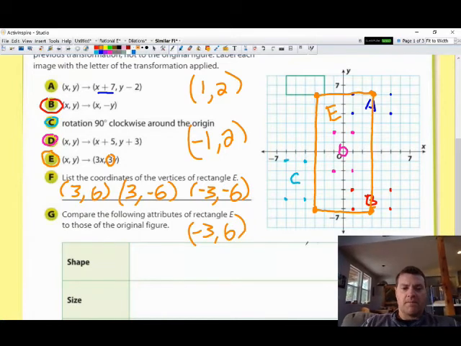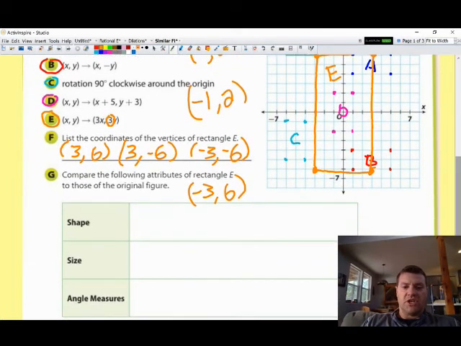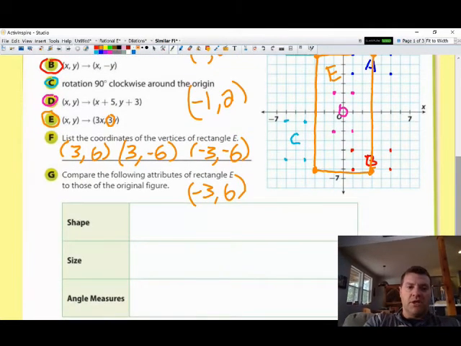All right, compare the following attributes of rectangle E, that's the orange one, to those of the original figure. The original figure was this one up here. So the shape is going to be the same. They're both rectangles.